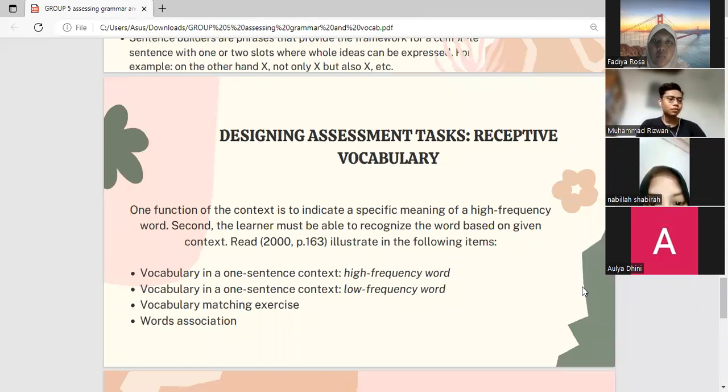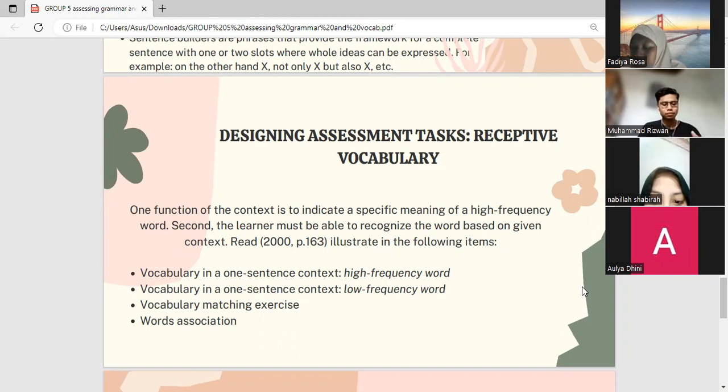Okay, the next slide is designing assessment tasks for receptive vocabulary. One function of the context is to indicate a specific meaning of a high frequency word. Second, the learner must be able to recognize the word based on the given context.